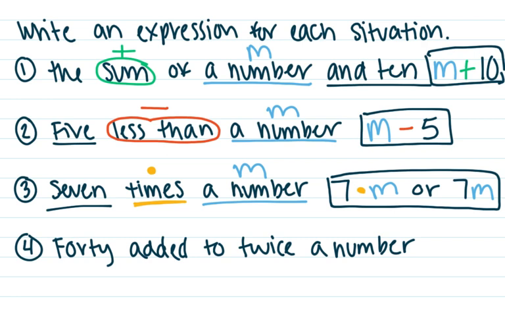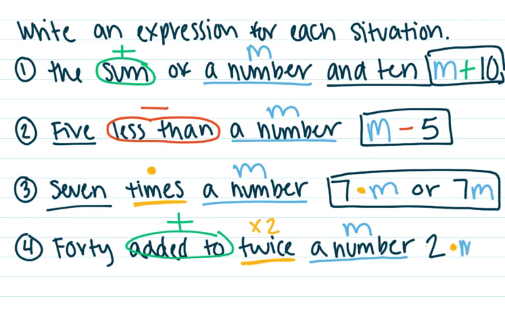All right, 40 added to twice a number. So there's a couple things going on here. Again, I have that number, my variable, my M, and it says that 40 is being added to it. So this one's pretty straightforward. Added to it, we're adding. But we have a second thing here. It says twice. Twice means we are multiplying times 2. So what's happening here is that I have 2, and it's being multiplied times my M, and that's not all.